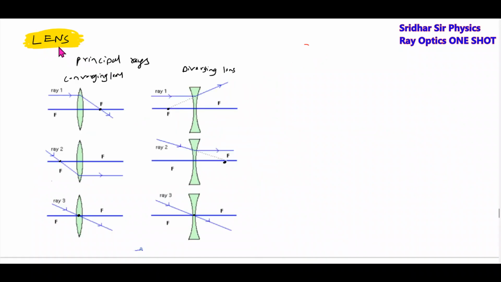So we'll start our last topic, what is a lens. Here, what we discuss will be for principal rays, or the rays which are incident very close to the optic axis. The first is called a converging lens. What is a converging lens? If a ray is incident in any direction, it will bend towards the optic axis. This is called the optic axis.